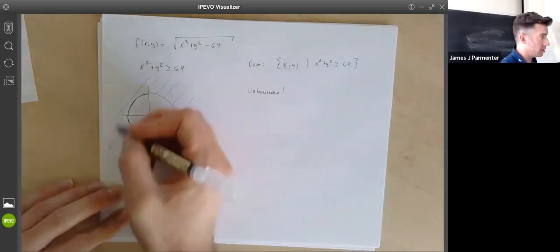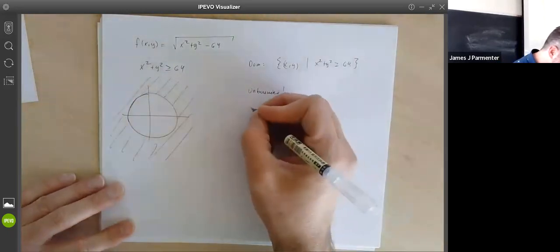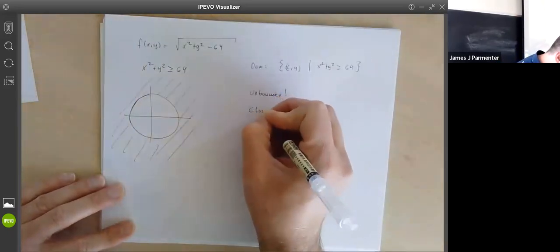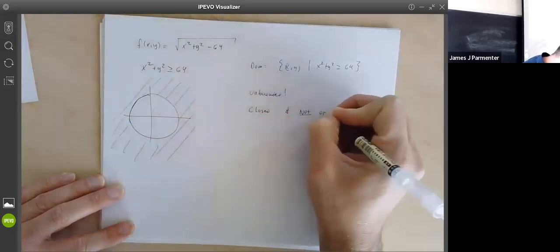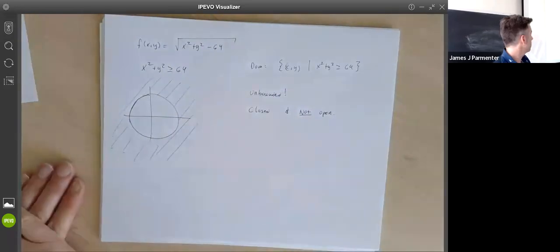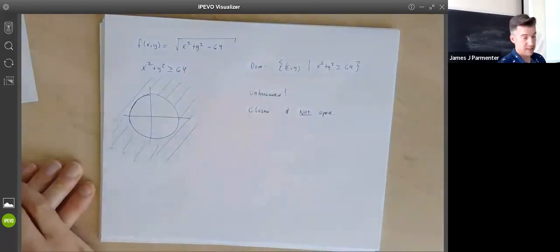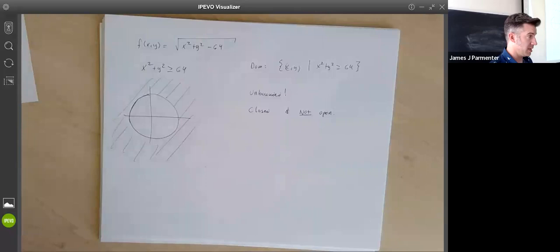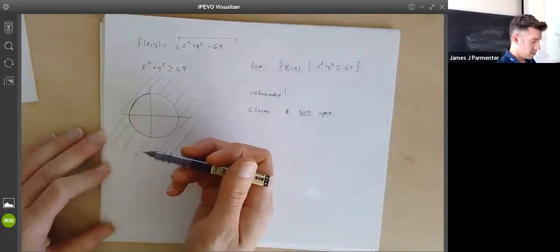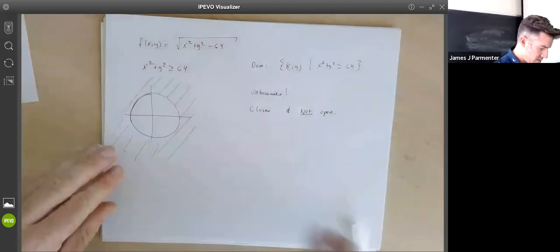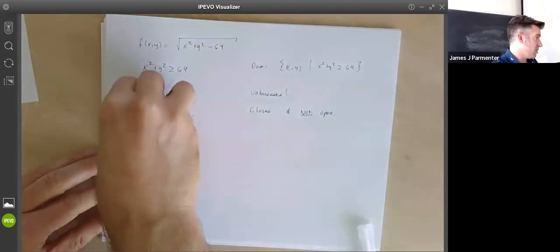This is the boundary. So this set is definitely closed and not open. It's closed because we include every boundary point that exists. All these boundary points here are included. But what if I had everything? Well, all the non-existent boundary points would still be included.